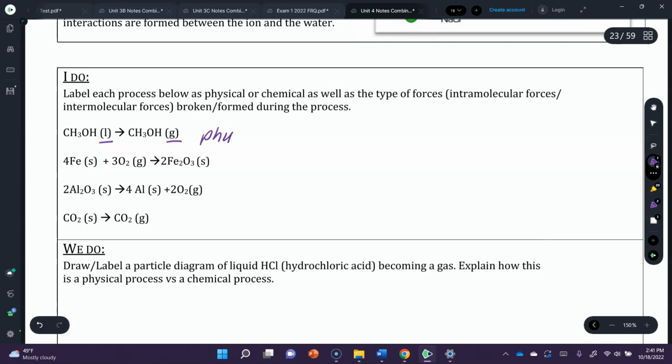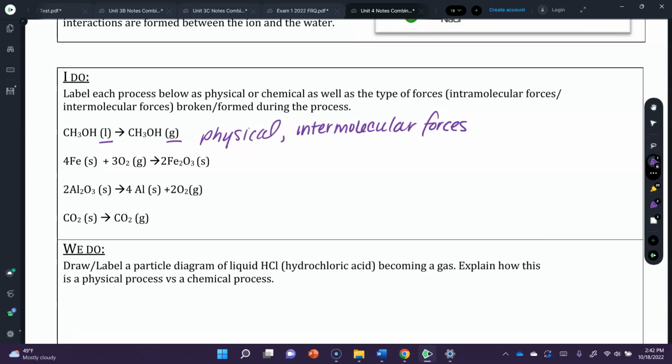So this is a physical change or a physical process. And those physical processes break intermolecular forces. Intermolecular forces are when we separate molecules. We make two different methanol molecules move farther apart, going from a liquid to a gas phase. So that is an intermolecular force that is being weakened.